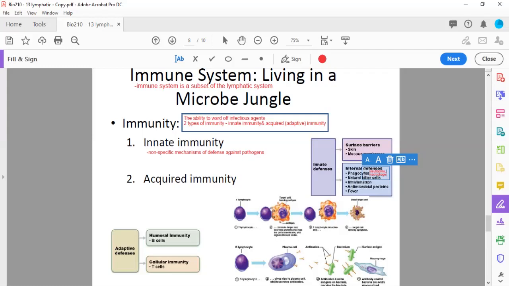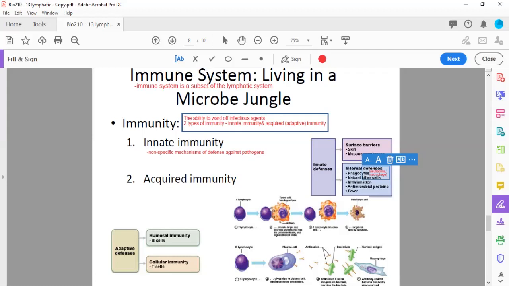So fever helps to fight off infection. The reason fever fights off infection is because the high temperature helps to denature the proteins, which means if the proteins are denatured, they become non-functional.